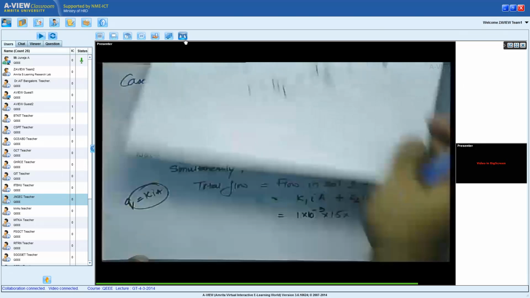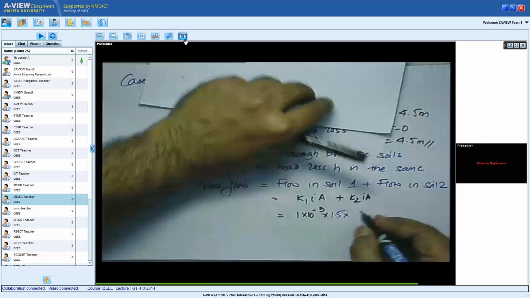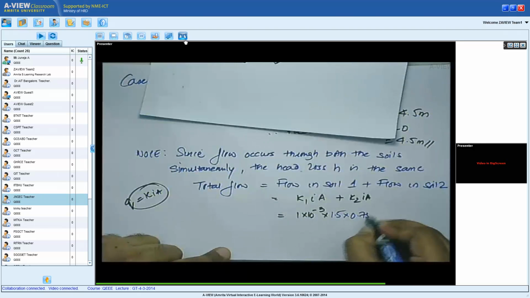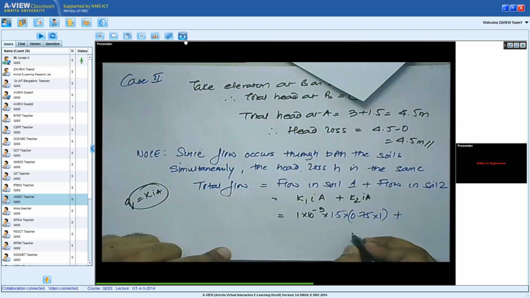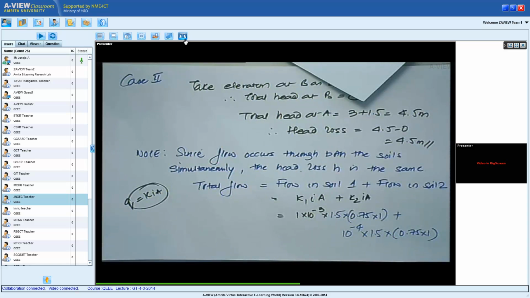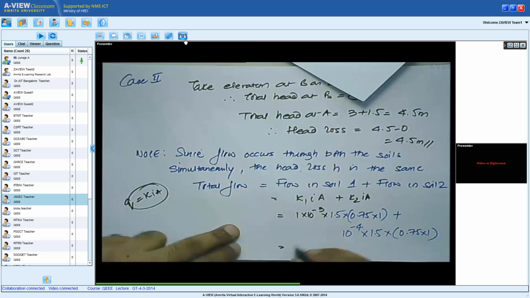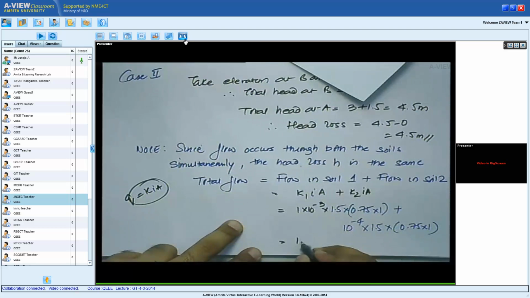So I have area as 0.75 times 1 plus K2. K2 is again 1 into 10 power minus 4. I is the same. Area incidentally is the same in this case. So if I plug in my numbers, I should get flow as 1.24 into 10 power minus 3 meter cube per second.